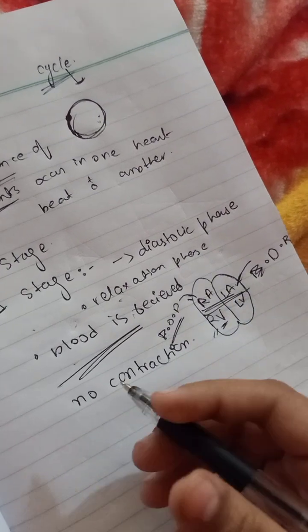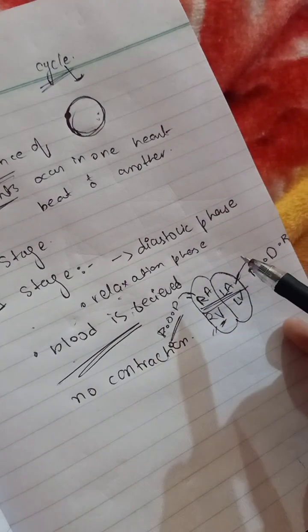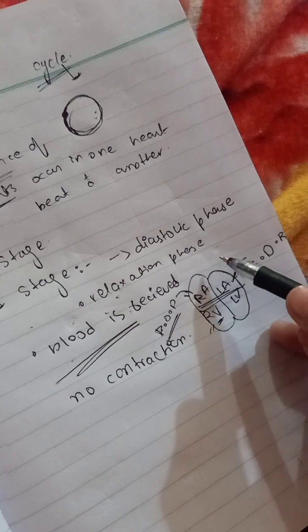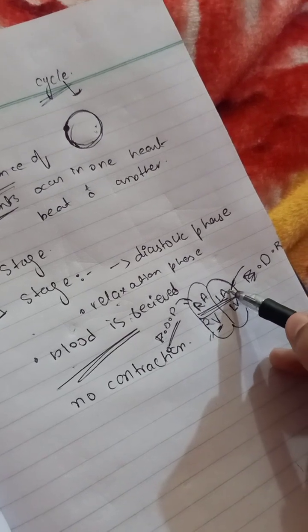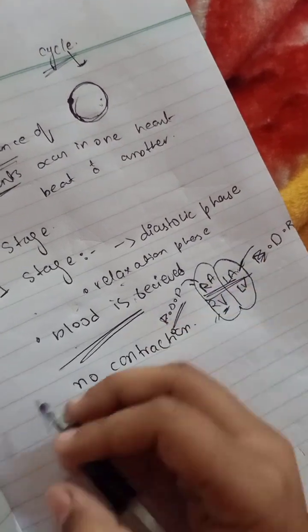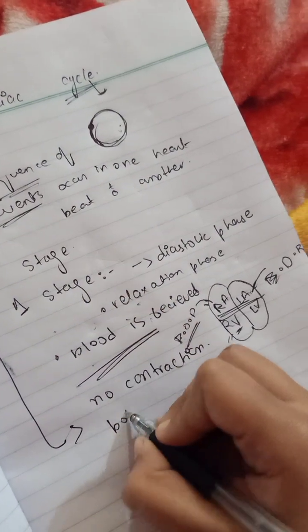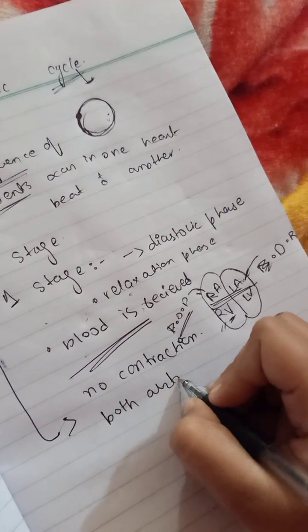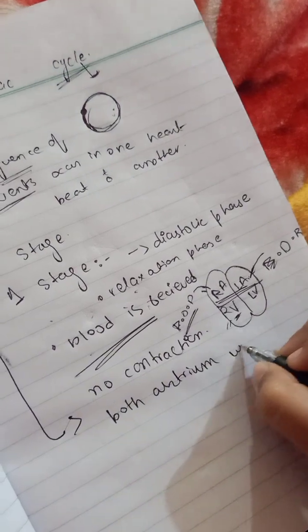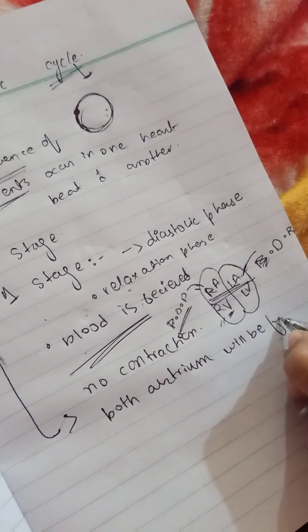The pulmonary vein takes the oxygenated blood to the left atrium. In the diastolic phase, both atria will be filled with blood.